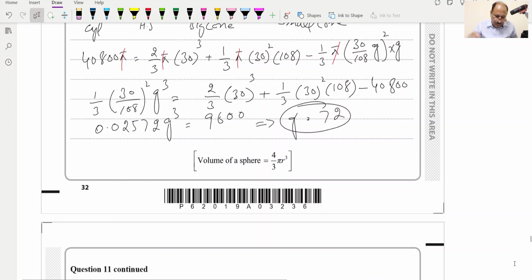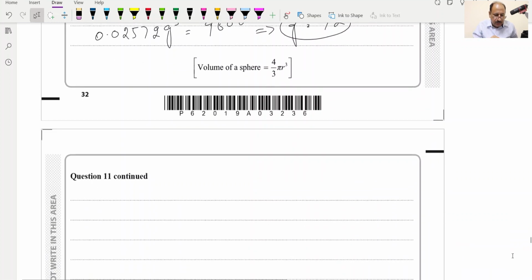So height is equal to 30 plus 108 minus g, and the g value we got as 72.